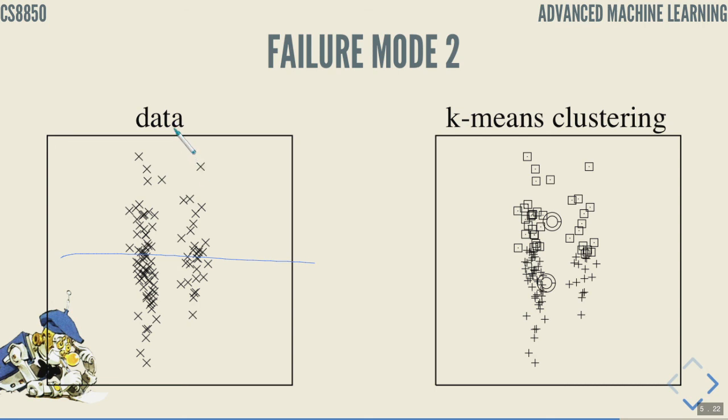It's very hard to find this solution. It's unlikely, but a solution like that is more likely than the solution where nearby clusters get separated right through. K-means is blind to the clustering and densities, so it prefers the solutions on the right.